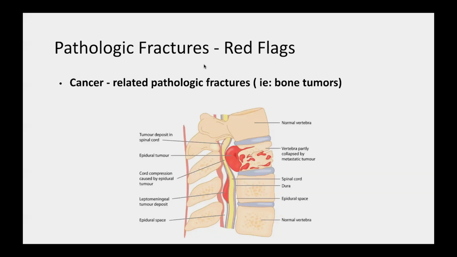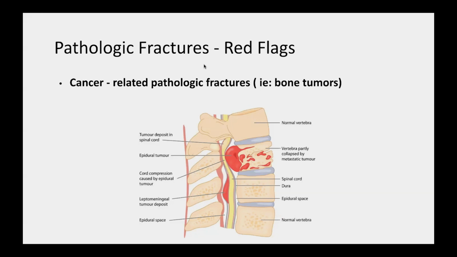Another potential etiology or cause of a pathologic fracture can be a cancer-related pathologic fracture. In terms of pathologic fractures, specifically bone tumors, so if cancer has spread to a bony body within the spine, we can have collapse of that vertebral body, resulting in distortion of the vertebral body height and potentially compression of the structures in the area.